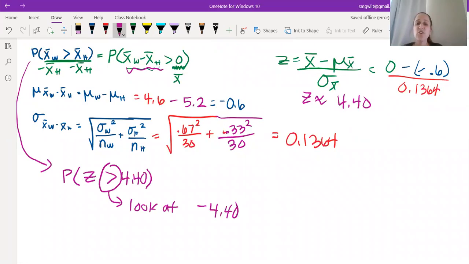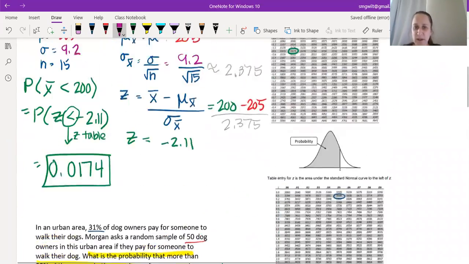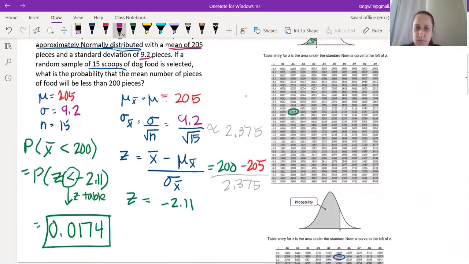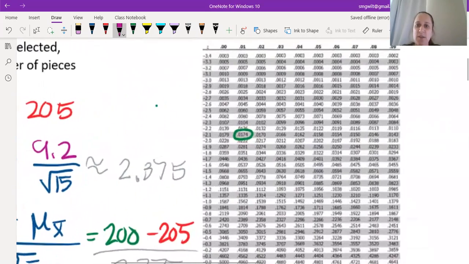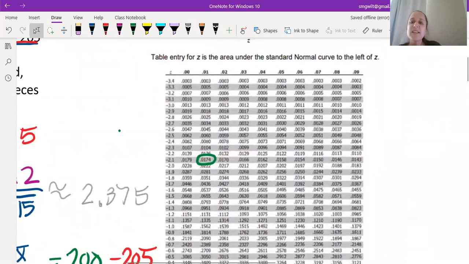Notice that 4.4 is not on my z table. The biggest number is negative 3.49, which is 0.0002. Anything smaller than this, because that's a negative number, is going to be approximately 0.